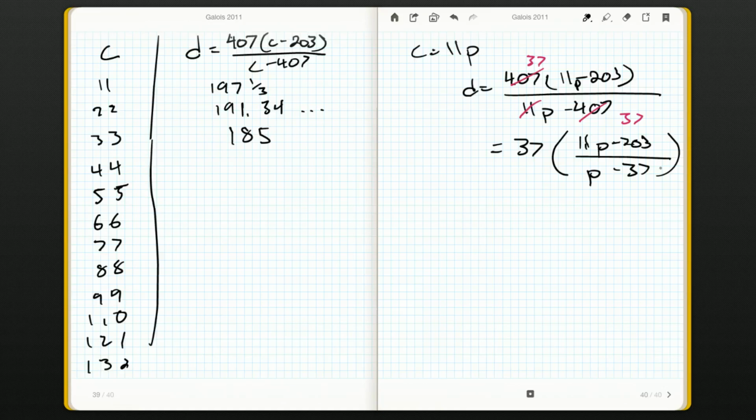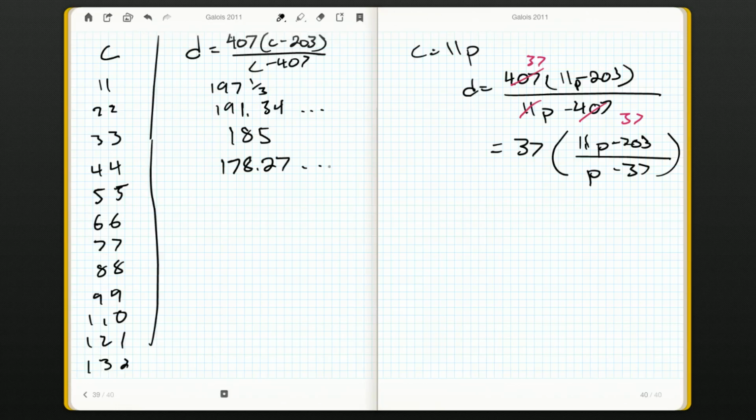So 44 minus 203 divided by 44 minus 407. And then when we multiply through by 407, we get 178.27.